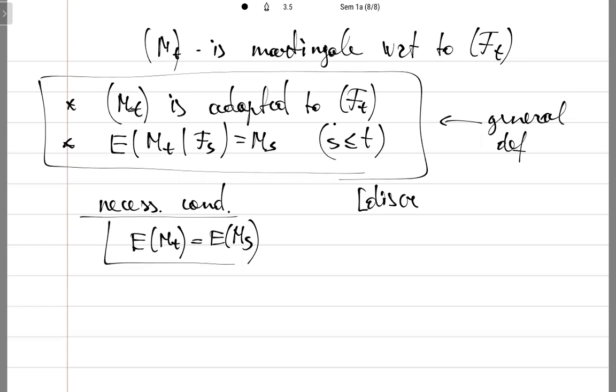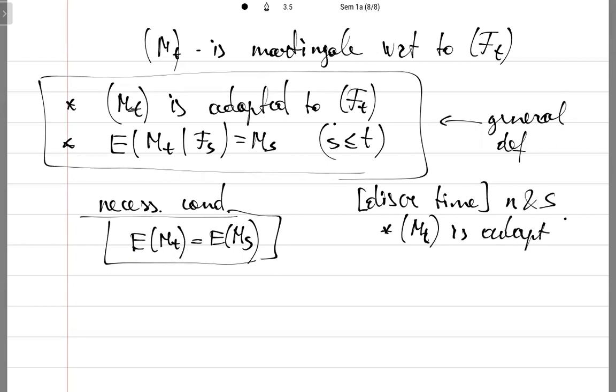A necessary condition for a process to be a martingale is that it has constant expected value, and in discrete time we have a necessary and sufficient condition. First, M_t is adapted to F_t, and we can just check the one-step-ahead value instead of an arbitrary future value.